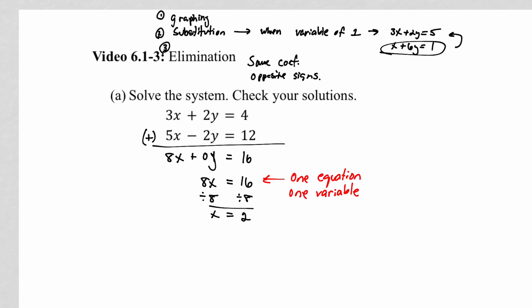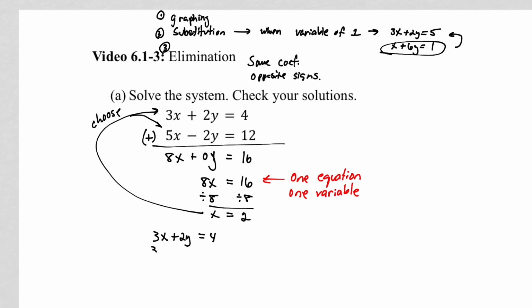Now in order to solve for y, what we can do is take that solution and substitute it back into one of the equations. And you get to choose which equation you want to use. Choose the one that results in the easiest math. So, looking at these coefficients, the first equation has smaller coefficients and all the coefficients in the first equation are positive, so I'm going to use the first equation.